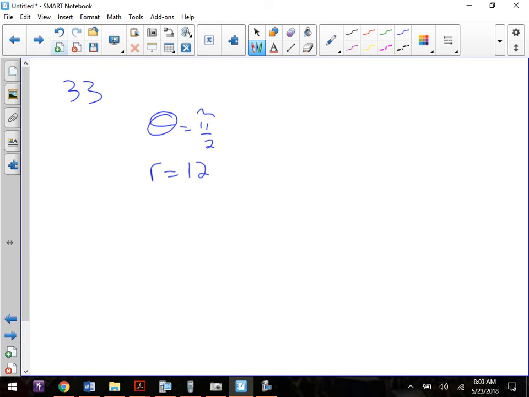Now, I'm pretty sure that the formula was 1/2 theta r squared. So I have to do 1/2 of pi over 2 times 144, which means 4 goes into that, 36 pi. Math is hard. Shut up. I'm trying to do it in my head.